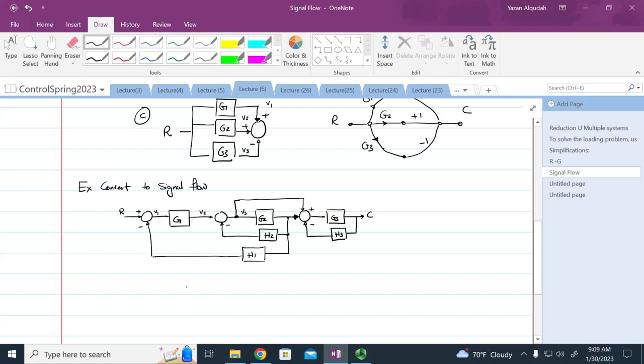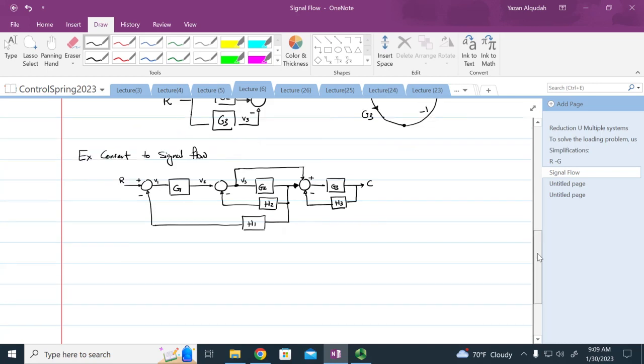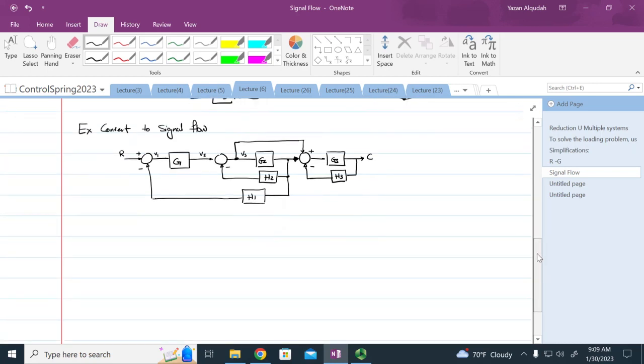Okay, so this is the example we just did. We're going to convert it to a signal flow. We're going to start with R. We're going to have V1, and this is going to be multiplied by G1.